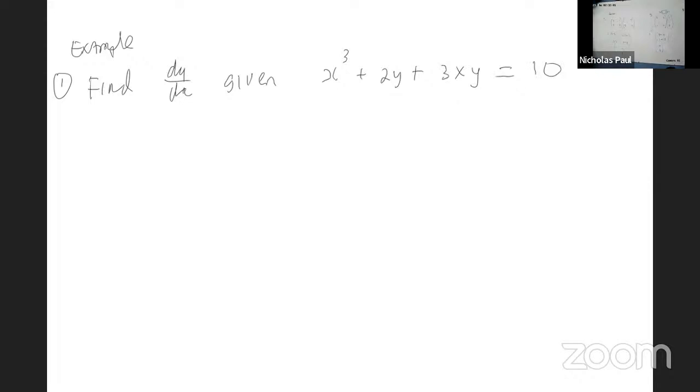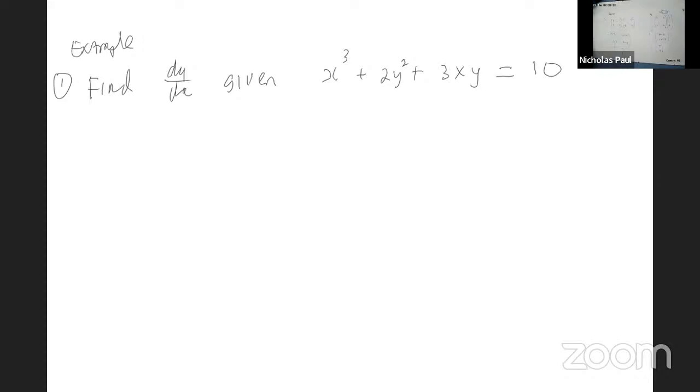So if you look here, let's say I give you something like this: 3x cubed plus 2y squared plus 3xy equals 10, right? If you look at this, it's a little bit difficult to make y the subject of the formula. So in a case like this, you're going to have to differentiate implicitly. So we're going to differentiate each one piece by piece, right?